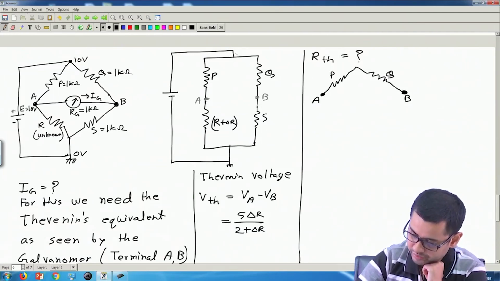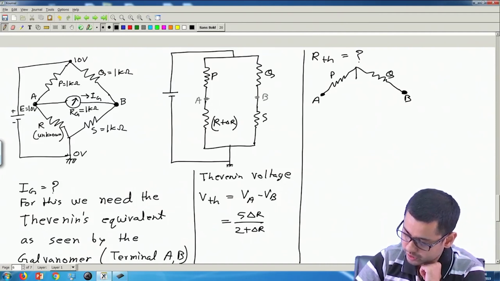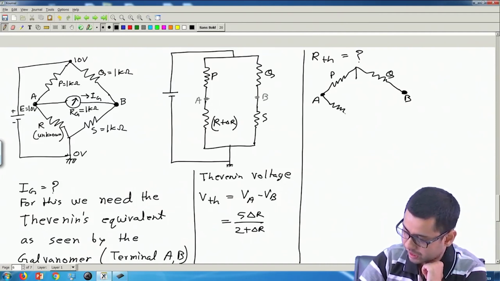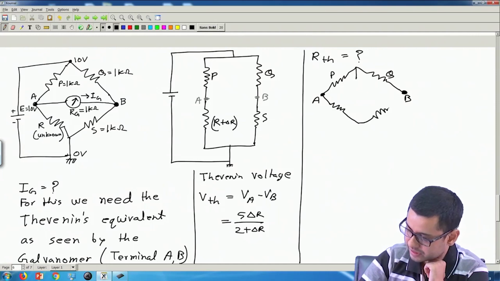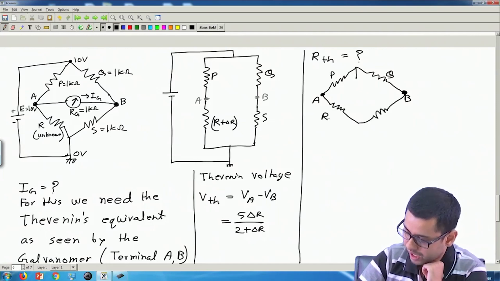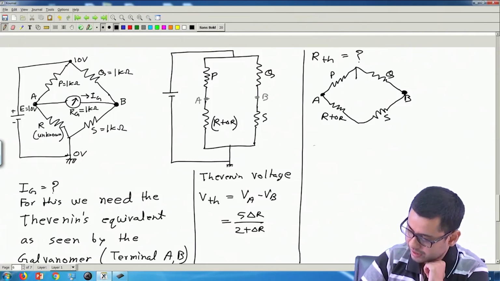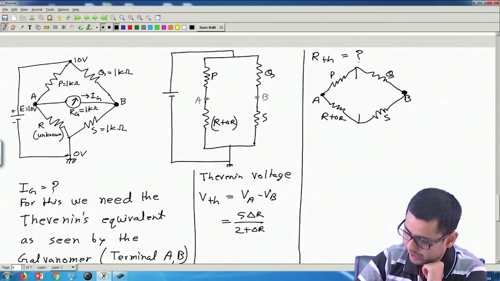Okay. And from the middle point between P and Q we have this source, and there is another branch which is this R and S. Starting from A goes up to B. So, let us draw it like this: R and then S, it goes to B. So, here we have R, or actually R plus delta R, and S here, and the middle point between R and S, from here we have this source.